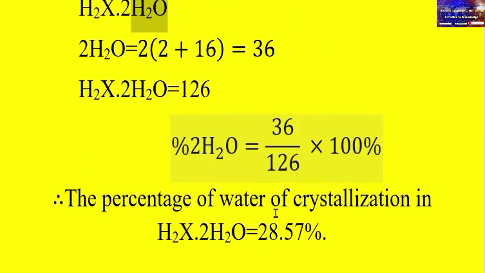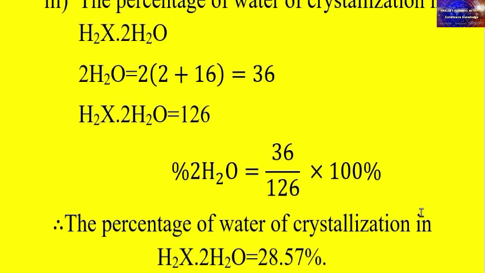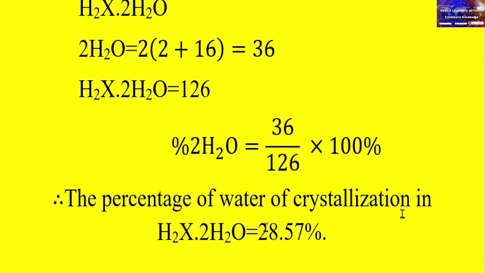This is how this percentage has been solved. I think you have seen that the percentage of water of crystallization in hydrated oxalic acid is 28.57%.